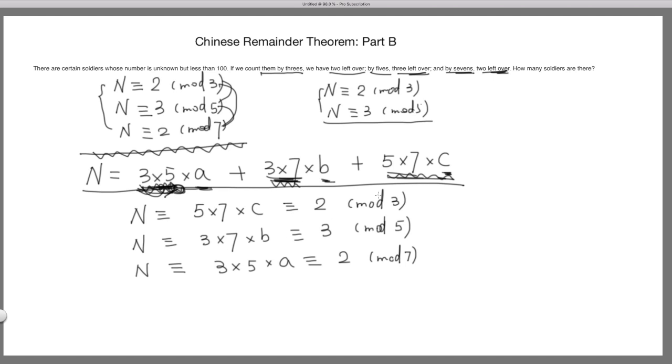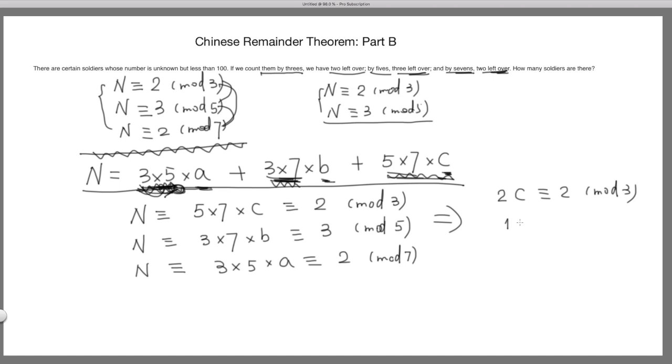So now we have a much simpler problem, which means that in here, 5 times 7 times c is congruent to 2 modulo 3, the same as, because 5 times 7 equals 35, which is congruent to 2, 2 times c is congruent to 2 modulo 3. 3 times 7 is 21, which is congruent to 1 modulo 5.